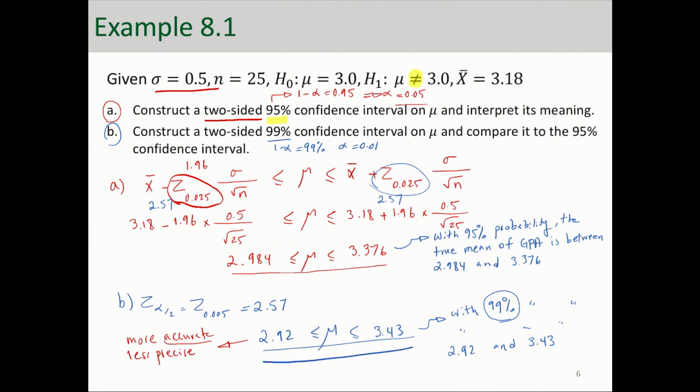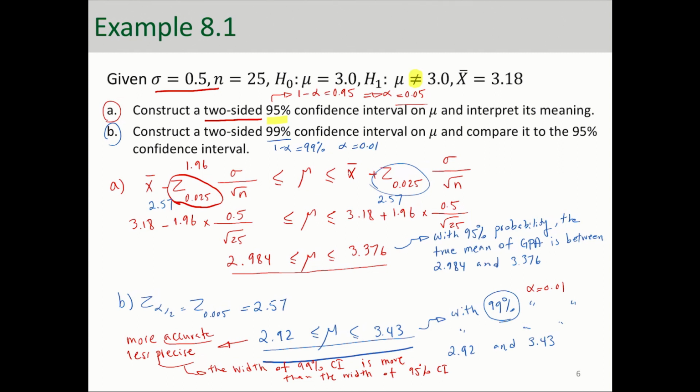It is more accurate because it has a smaller alpha. Alpha is 0.01, but is less precise because the width of 99% confidence interval is more than the width of 95% confidence interval, and you can see that here.